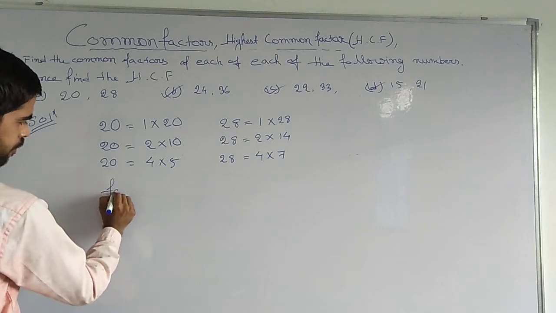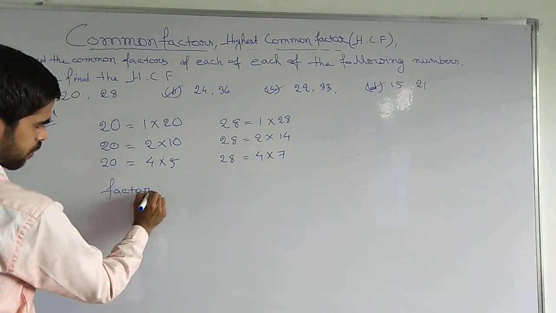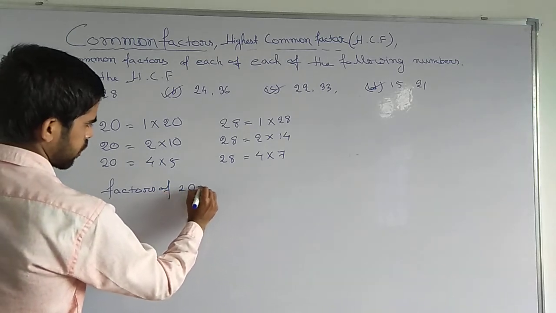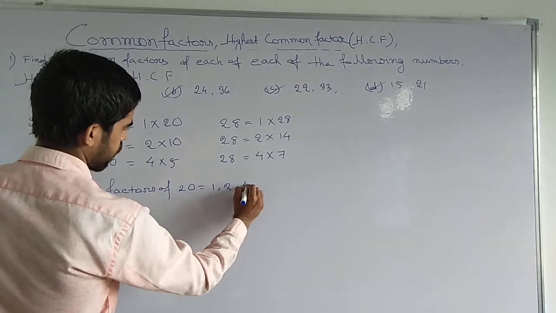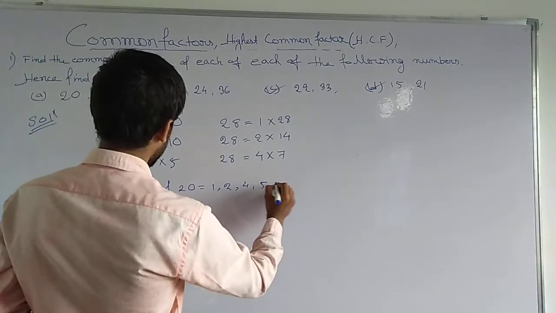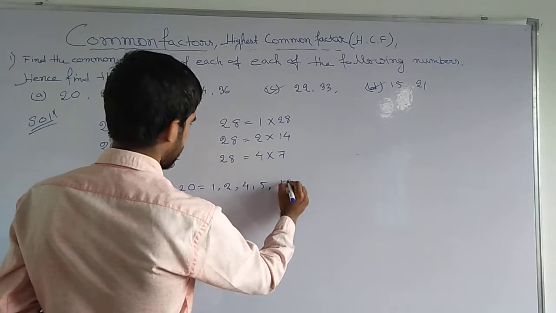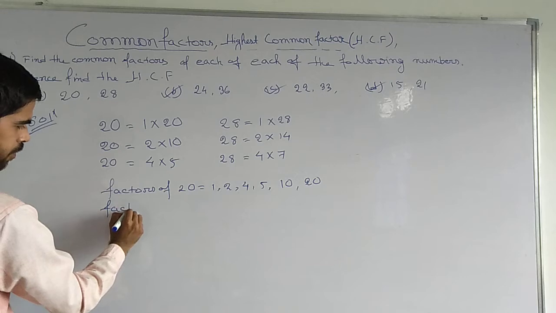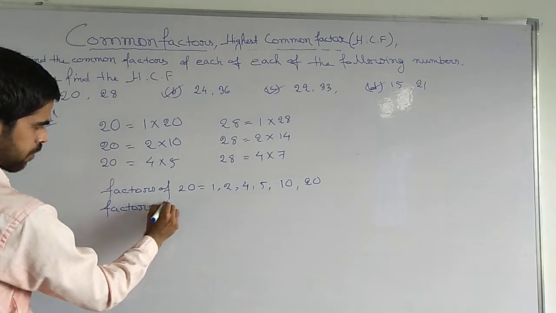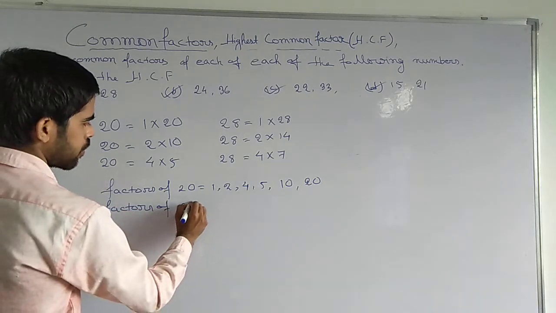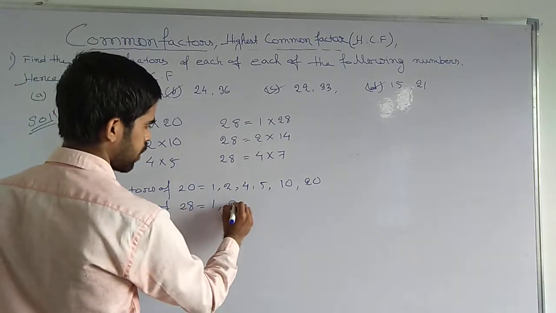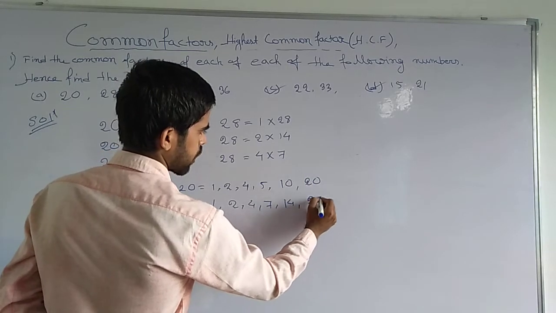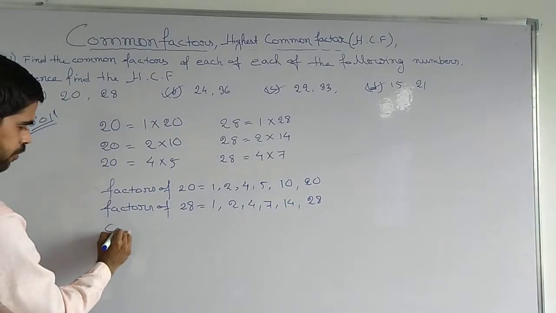Now factors of 20: 1, 2, 4, 5, 10, 20. Now factors of 28: 1, 2, 4, 7, 14, 28. Now, what are the common factors? You tell me.